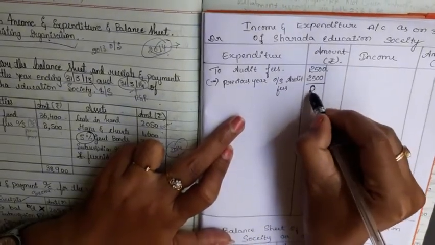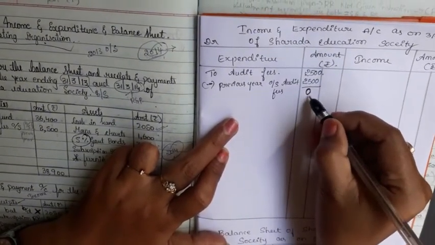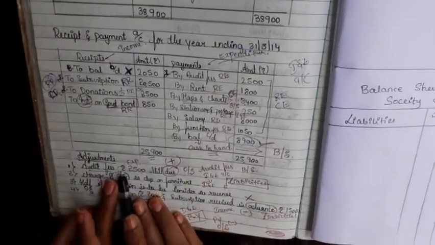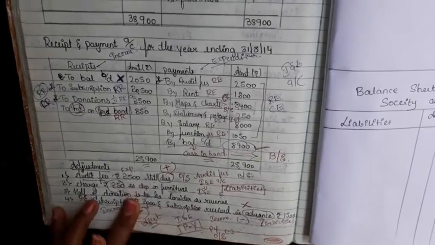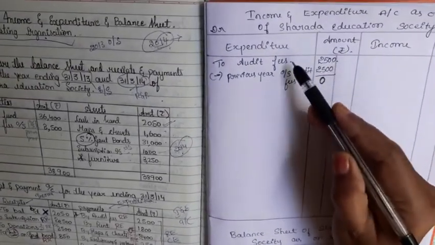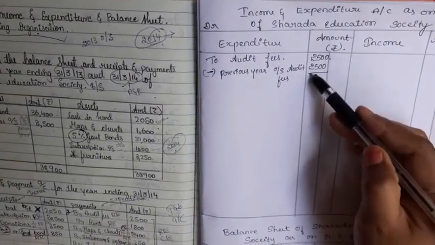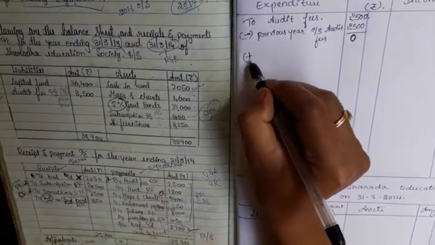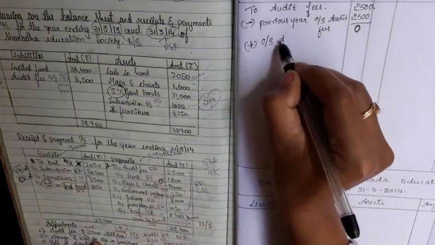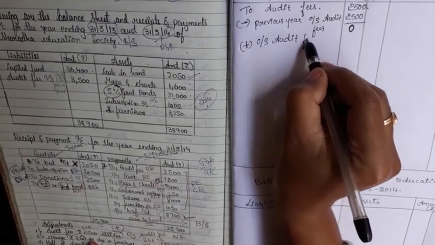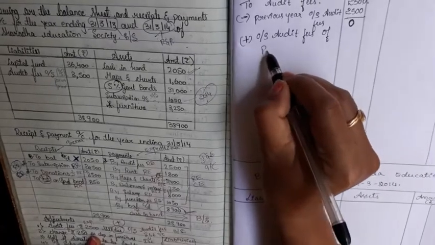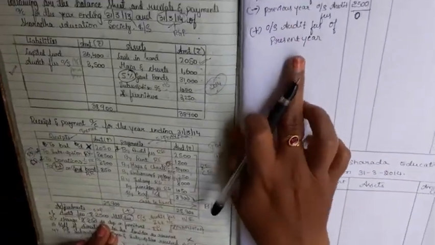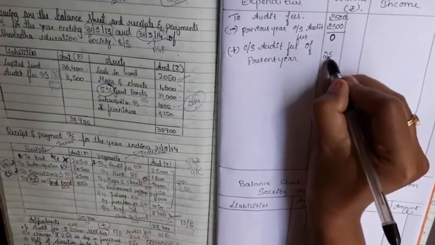So there is no audit fees for the present year, but in the adjustment there is outstanding audit fees of rupees 2,500. We have paid 2,500 rupees of audit fees, but which is related to the previous year. So in the present year again there is outstanding audit fees. So present year outstanding audit fees is rupees 2,500.